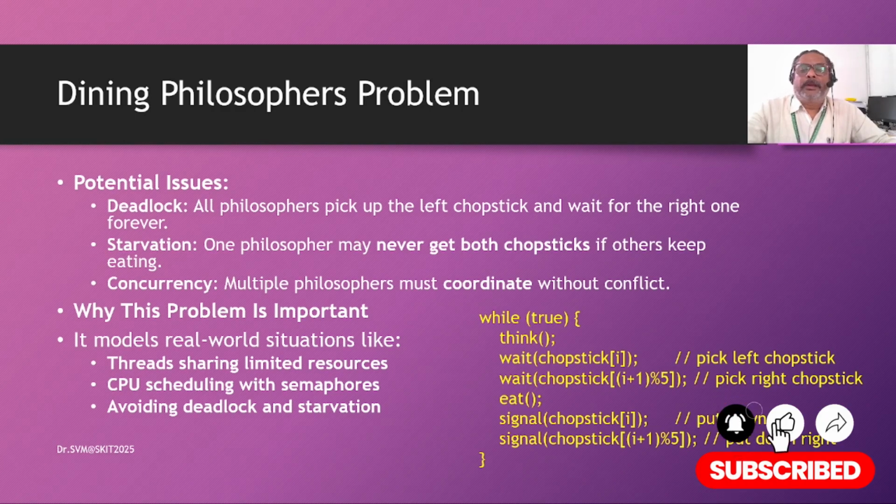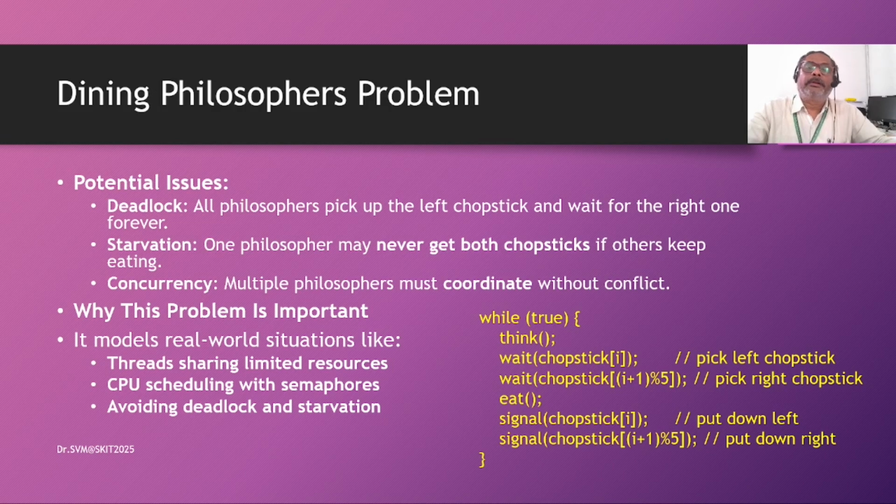So what is happening here, in algorithmic language, if we want to represent this situation: the process is in the thinking state for some time, that is, working in a non-critical section, then wants to eat.